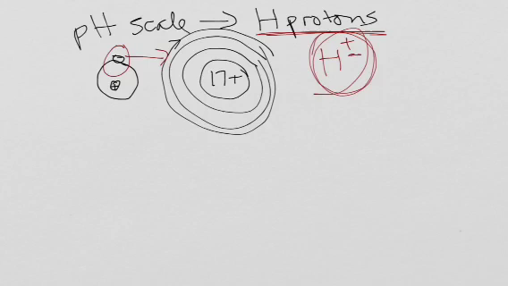They're electrolytes because they have a charge, which means they conduct electricity. And we identify chemical formulas as acids when they've got H's in them. So the more H's you have, the more acidic you're going to be, the lower your pH will be. Because when we talk about the pH scale, we're measuring the number of hydrogen protons we have.